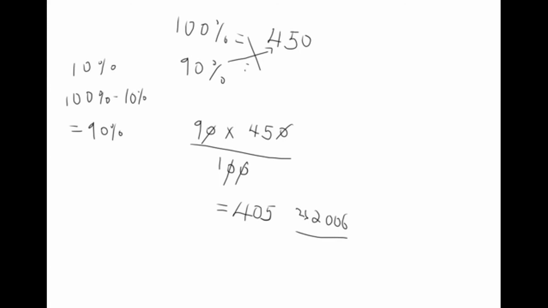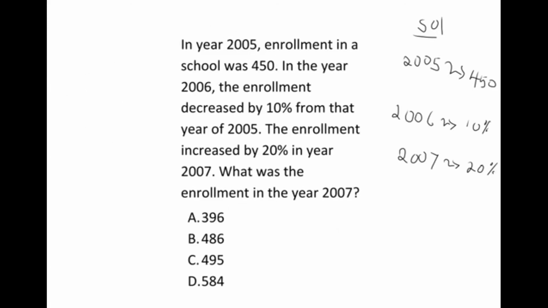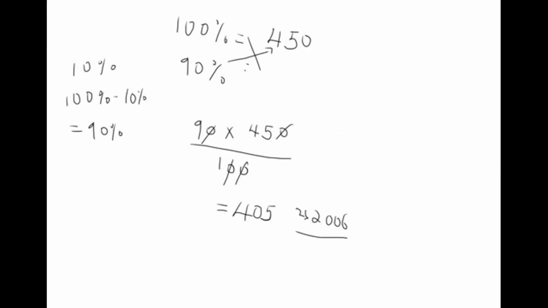Then we are told that the enrollment increased by 20% in the year 2007. And we are asked what was the enrollment in the year 2007. Therefore, we shall now take this 405. We shall say that it is equivalent to 100%.